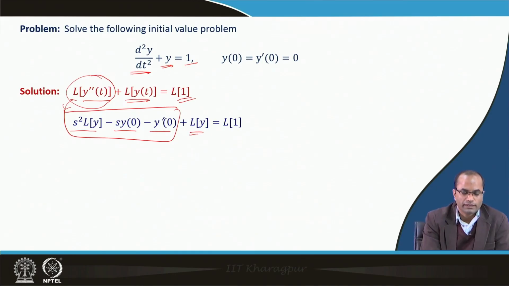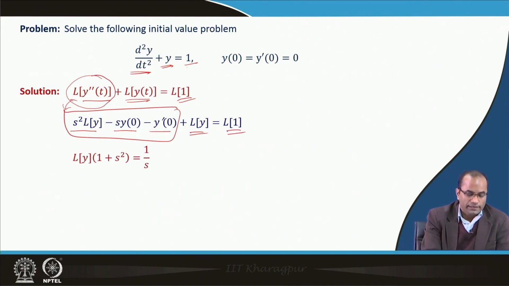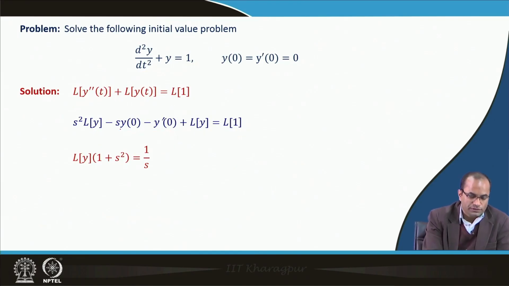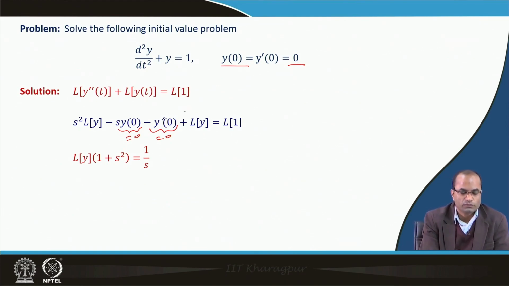Then we have L y, and the right hand side we have L 1. At this step itself we can use these initial conditions: y 0 is given as 0 and y prime 0 is also given as 0. So, these conditions are incorporated just after taking the Laplace transform on both the sides of the equation. So, here this is 0 and this is 0.